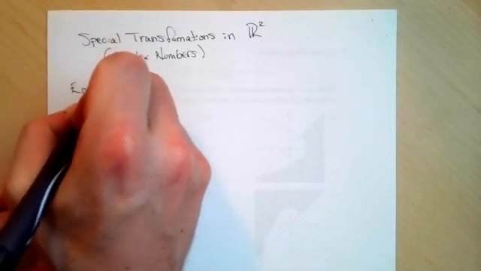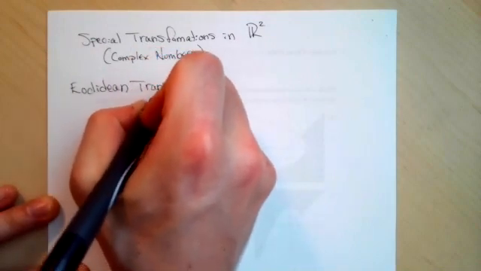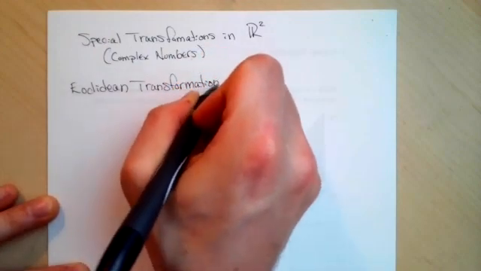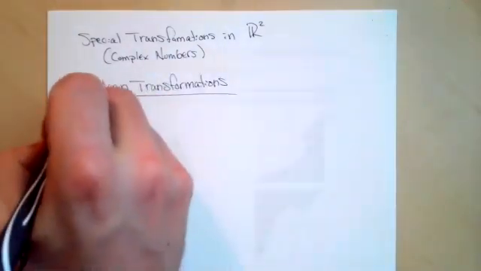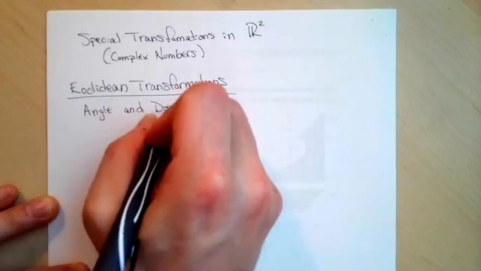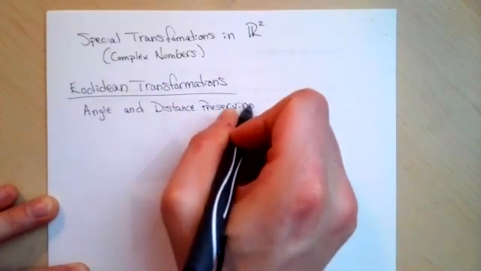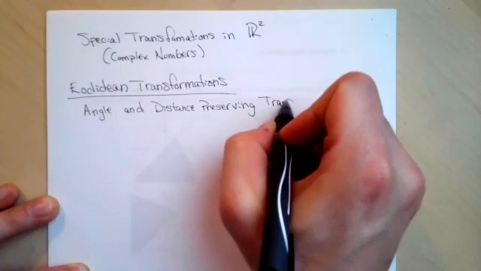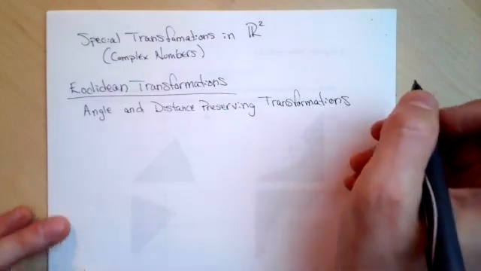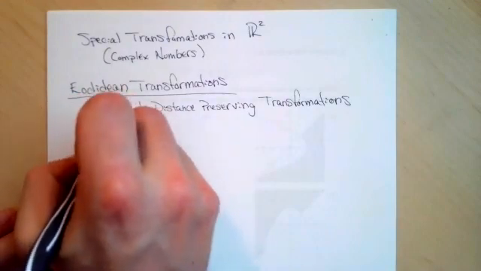So in regards to our geometry, we have what are called Euclidean transformations. These are angle and distance preserving transformations, and we'll stick with our plane.